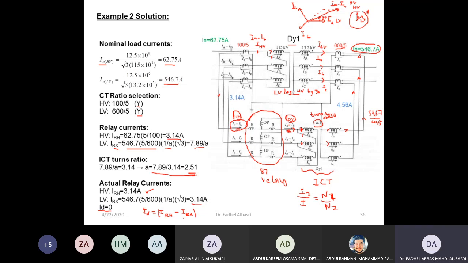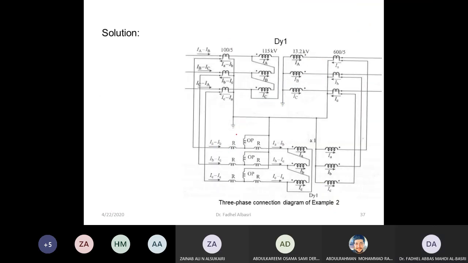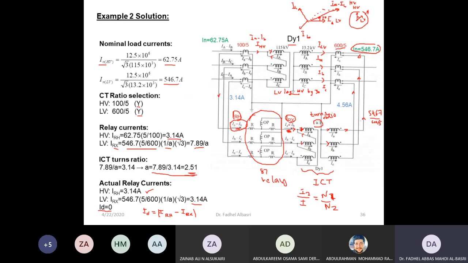I restrain will be the average of these two magnitudes. So these are now the connections. This is the solution of this problem, so I'm done with the settings.